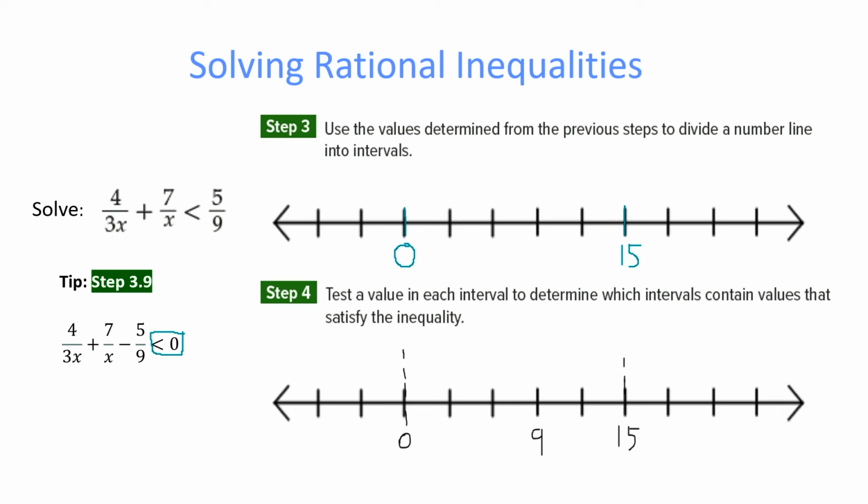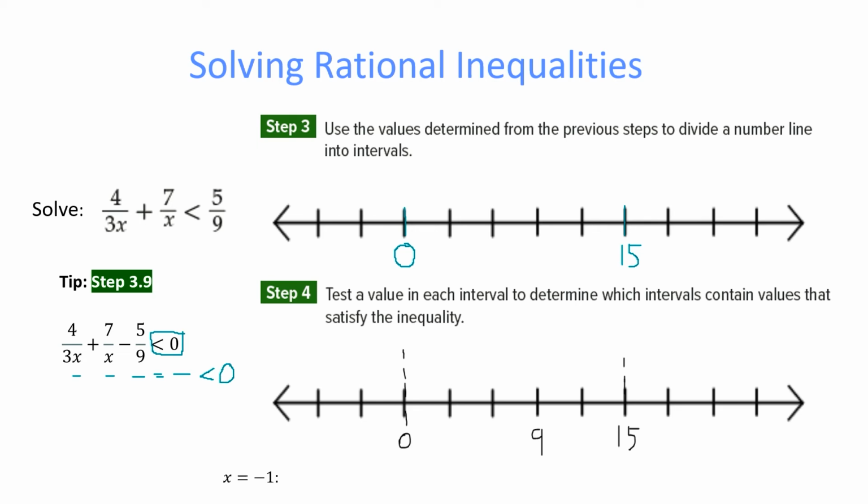So let's test the interval on the left. How do we do that? We choose a number less than 0 from the interval on the left, so for example, -4. This is why we, for example, did the step 3.9. Because if I now put a negative number for x here, and 5/9 is already negative, then my solution will also be a negative number, in other words, less than 0.